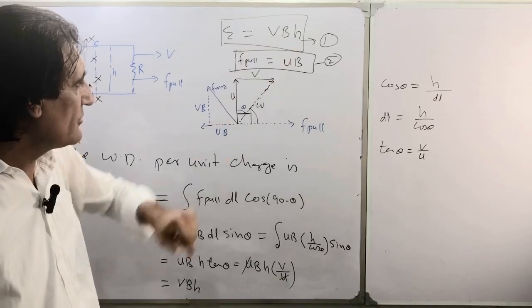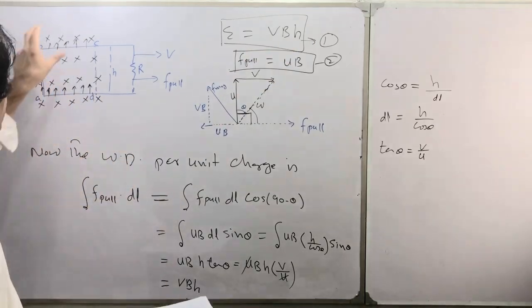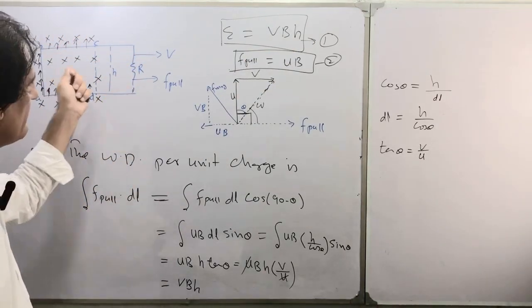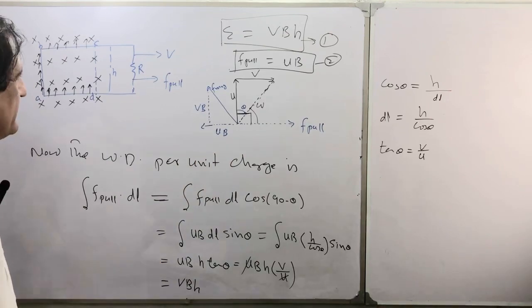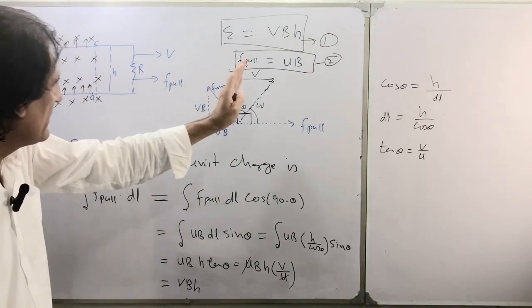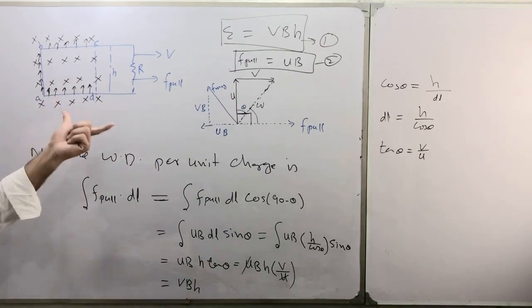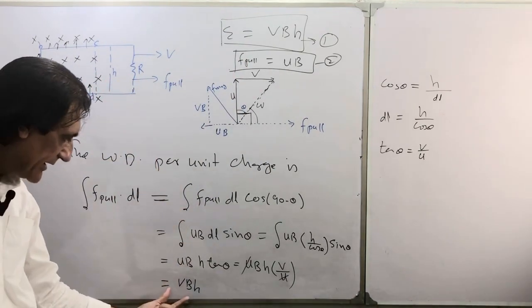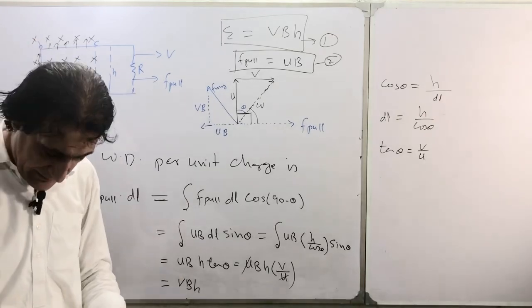So EMF is equal to VBH, and by considering a person pulling the loop, we have derived the same result as we derived earlier.